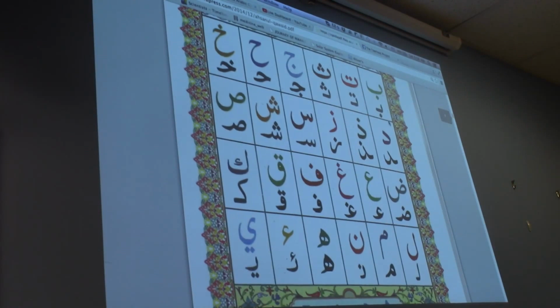So here on page number 5, we have ba, ba, everyone, ba. Then ta, ta, right? Ba only has one dot on the bottom. You see here, the curve, one dot on the bottom. Ta has two dots on top.